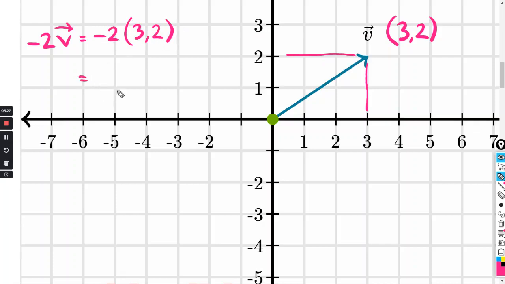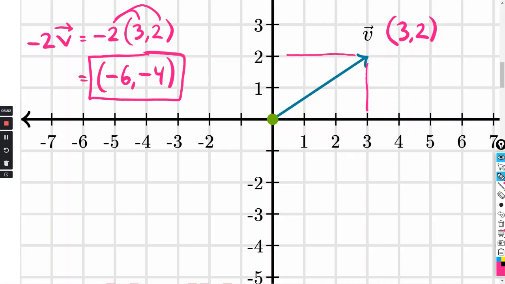It's basically like the distributive property. The negative 2 gets multiplied by the x and the y coordinate. So negative 2 times 3 is going to be a negative 6, and negative 2 times 2 is going to be a negative 4. So here are the components for negative 2v.